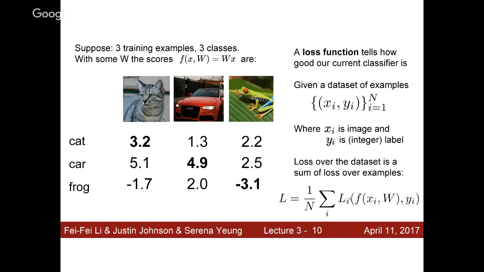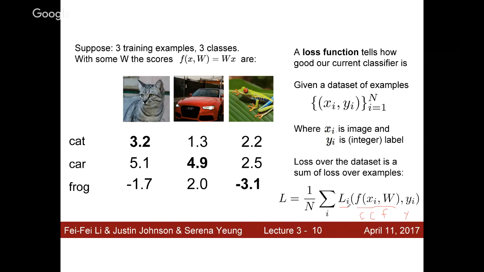So what this loss function is doing is taking three values, a value for cat, a value for car, and a value for frog, which is the output of my f, and then the correct label, whatever it is, some yi. These four pieces of information are going into our loss function. Then I have to compute what the loss is.